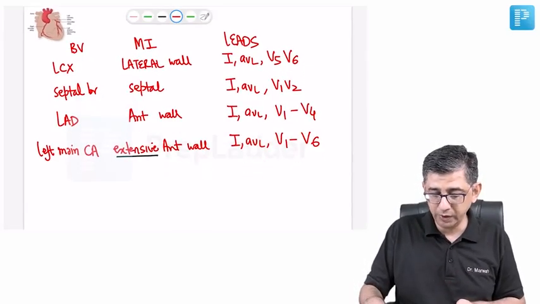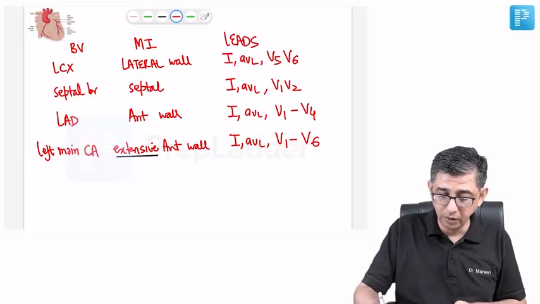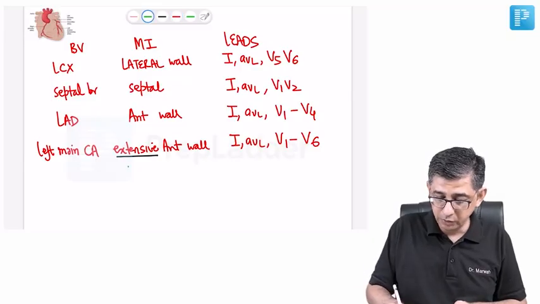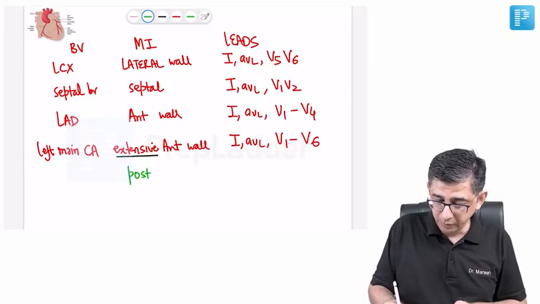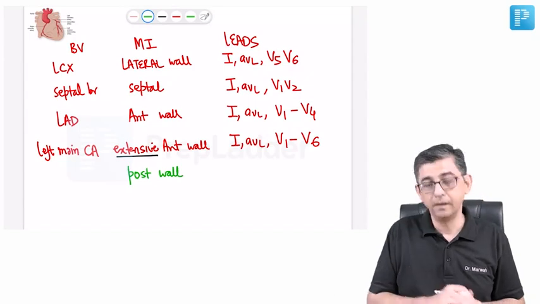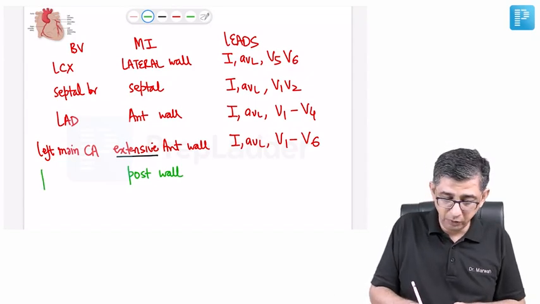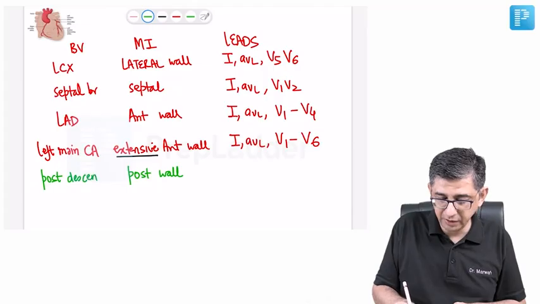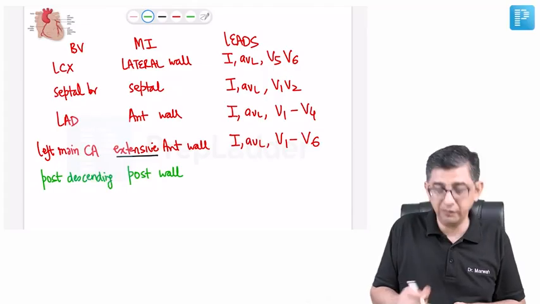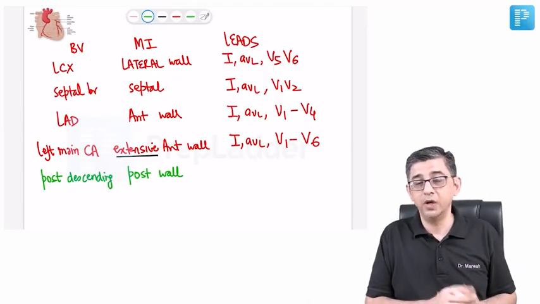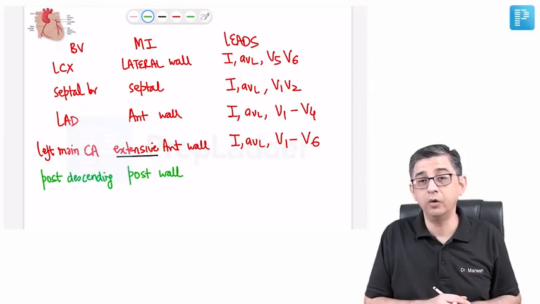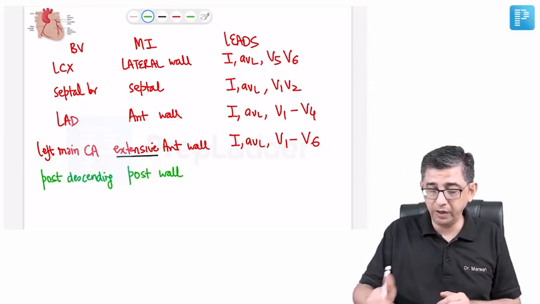Let's now compare this with if the examiner wants to trouble you with an MCQ talking about posterior wall myocardial infarction. The blood vessel involved in posterior wall myocardial infarction would be the posterior descending artery, the posterior descending interventricular branch. Once this blood vessel gets occluded, let's look at the findings we would get.